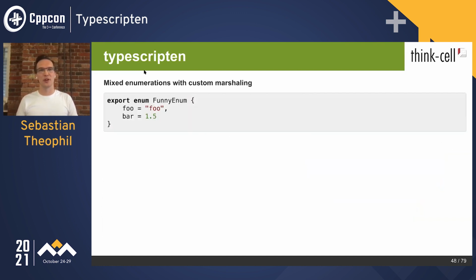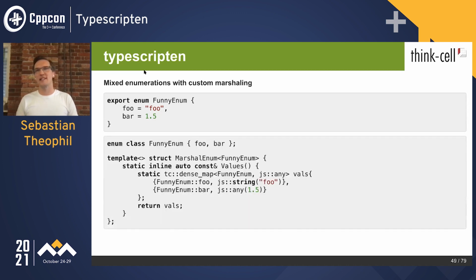So the last TypeScript feature I'm mentioning now are those mixed enumerations. Also interesting. TypeScript supports enumerations where the enumeration options can be strings or doubles or integers, of course. And here we support that in an entirely different way. We translate that as a normal C++ enumeration. It's just an enum class containing options foo and bar.